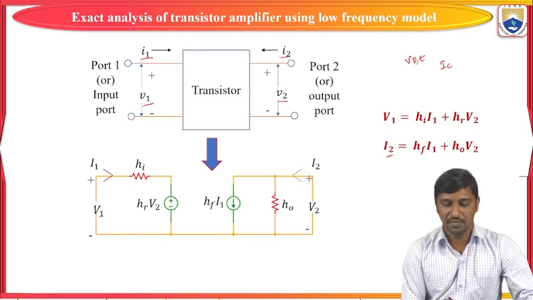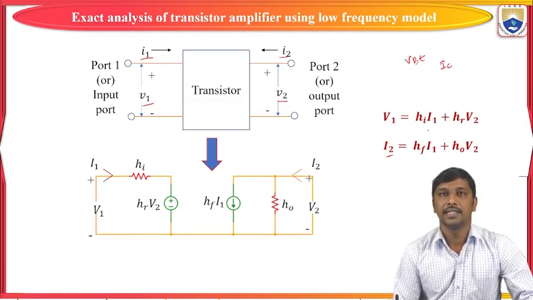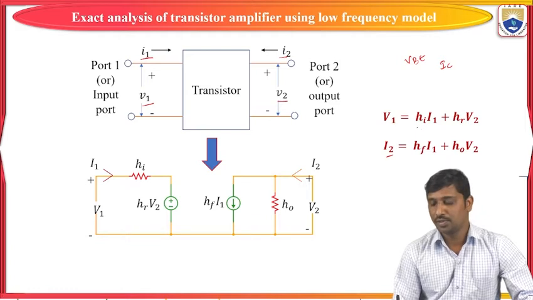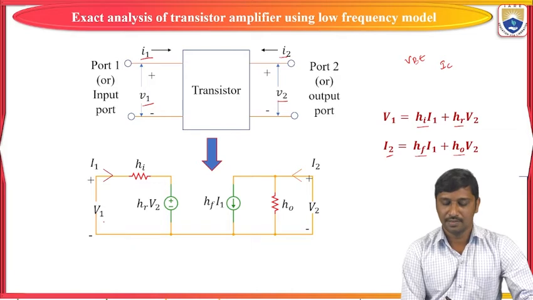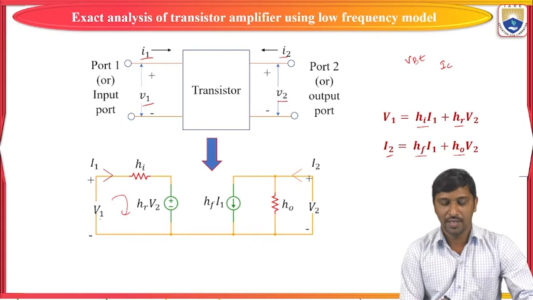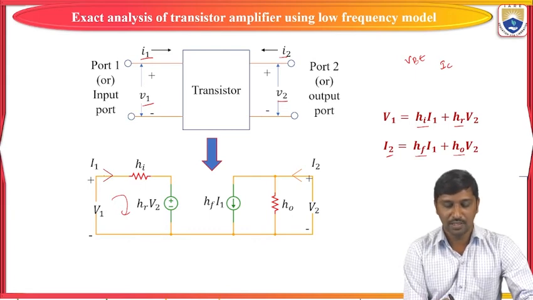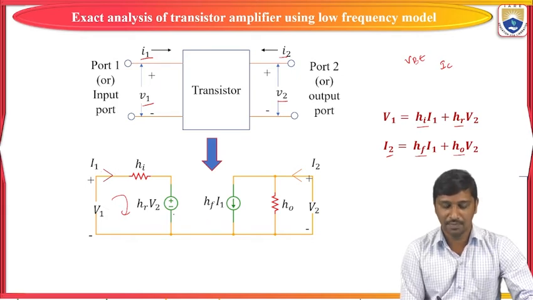If you observe this, V1 is represented in terms of HI, where HI means input impedance, HR means reverse voltage gain, HF means forward current gain, and HO means output admittance. By using these two relations, I represented it; if you apply the KVL loop, it again gives the same relation. V1 is equal to HI times I1 plus HR times V2.